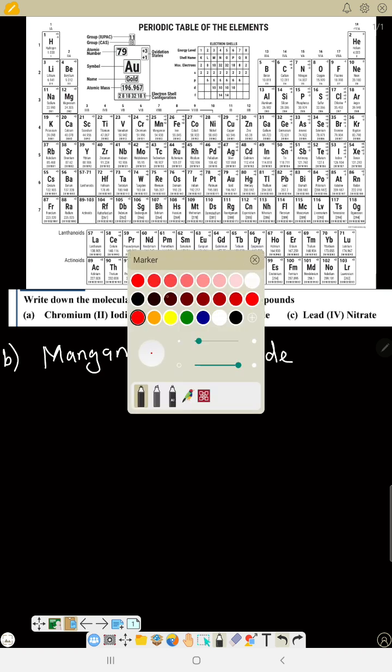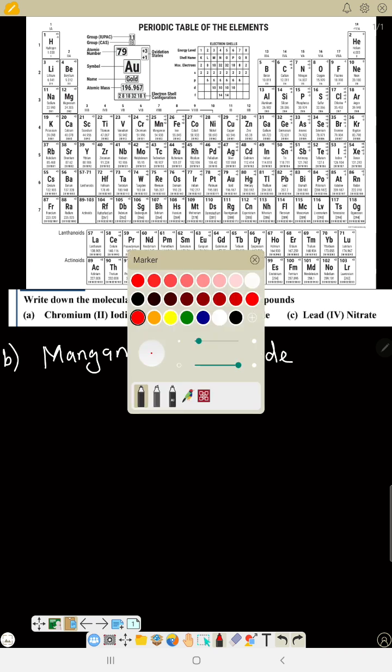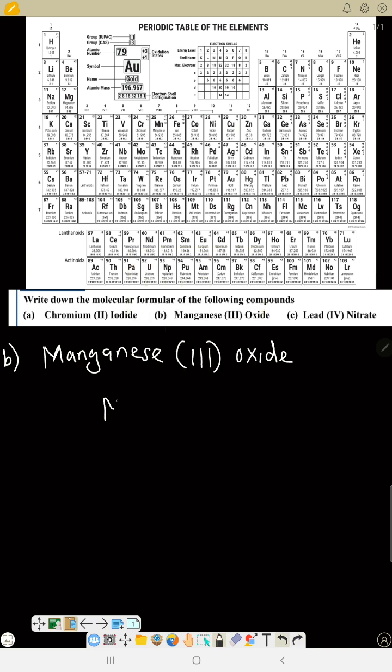So check manganese. Manganese is Mn, so it's in your transition metal part. So Mn is manganese, and manganese 3 means the valency will be 3. Oxide, so that is oxygen. The valency is 2. So do your crisscross.